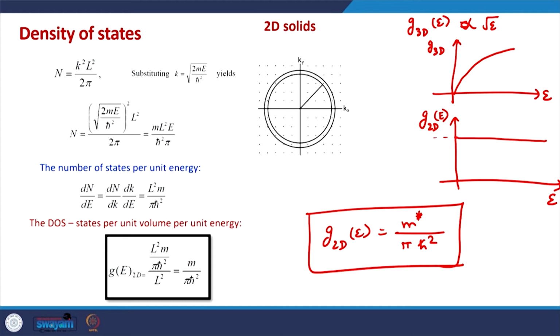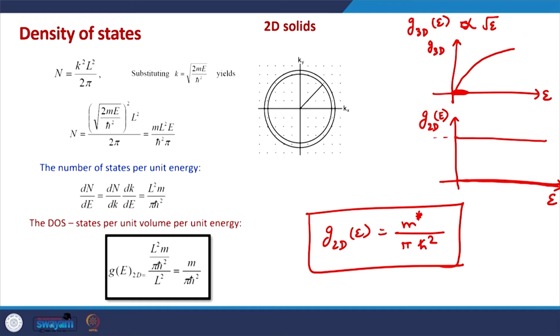And this is an interesting difference between 3D materials and 2D materials, between a 3D channel and a 2D channel. In 3D channels at low energy values, the density of states or number of allowed electronic states is very less. But in a 2D channel, the density of states or number of allowed electronic states that can exist in a material is the same irrespective of the energy.